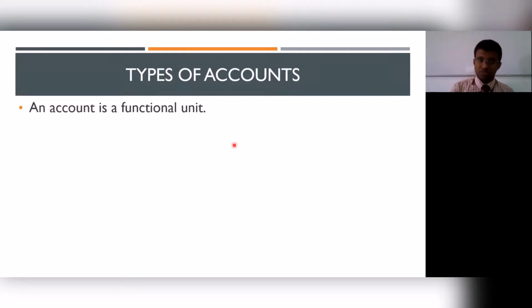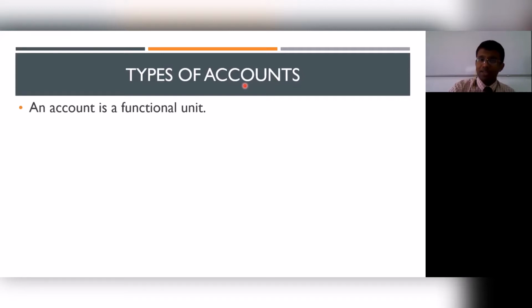the subject accounts. Okay? Now, an account is referred to as a functional unit. Whenever we talk about recording transactions, whenever we talk about preparation of journals, whenever we talk about preparation of ledgers, we always carry that against what is called as an account. So an account is a functional unit.